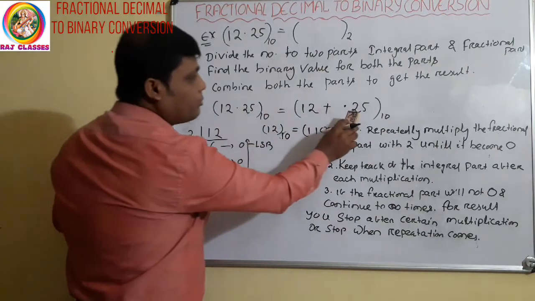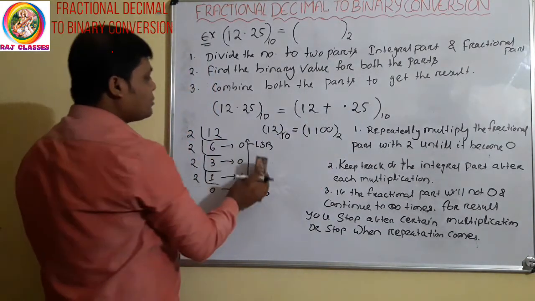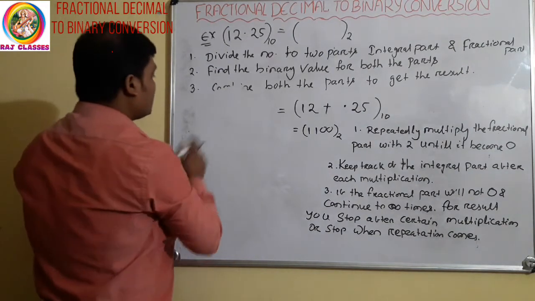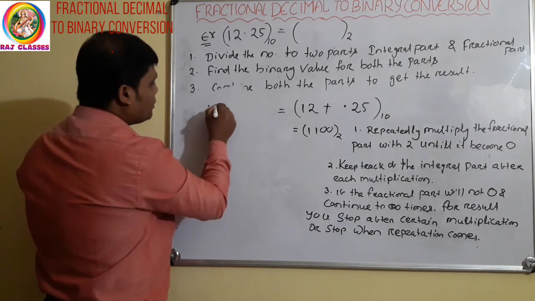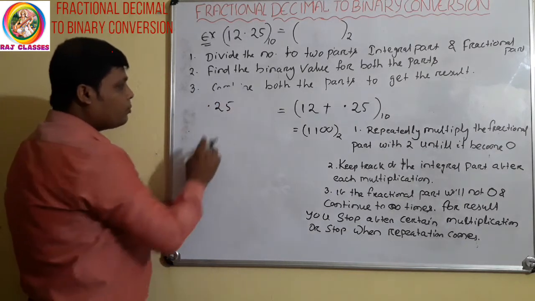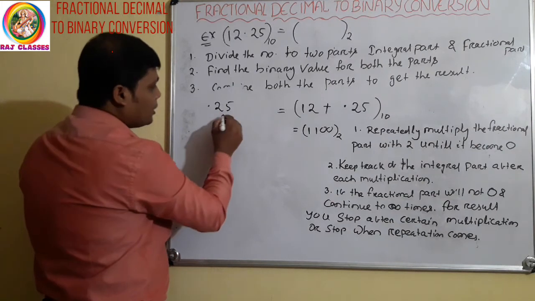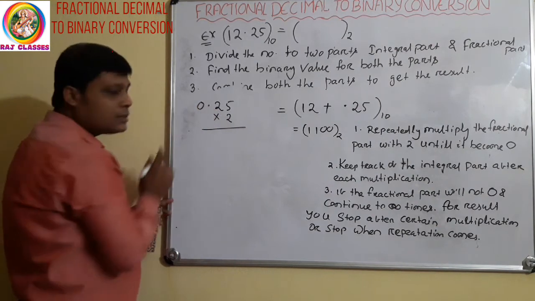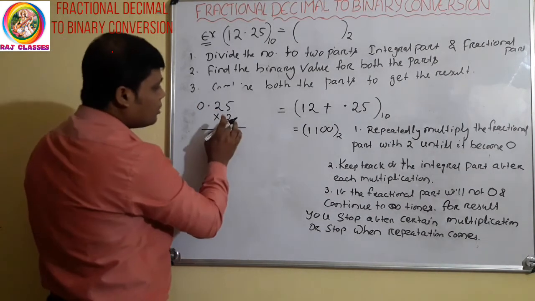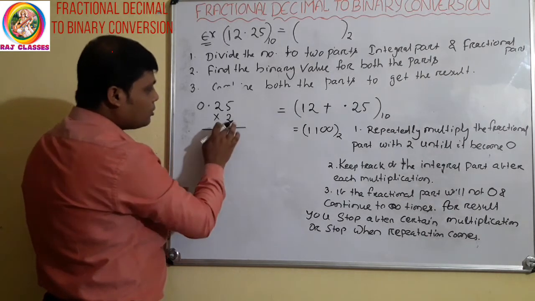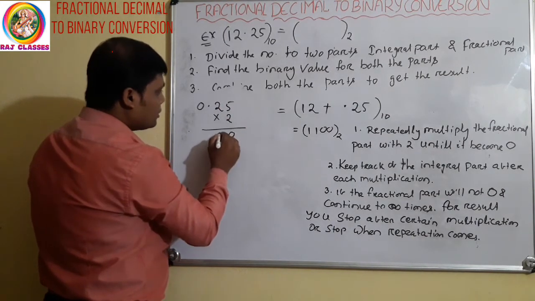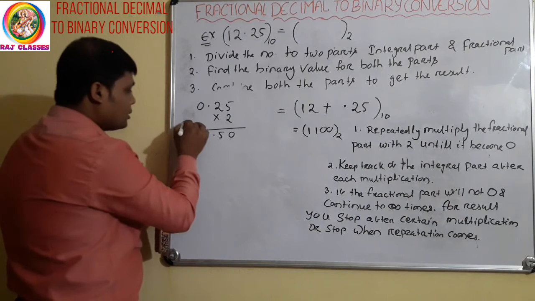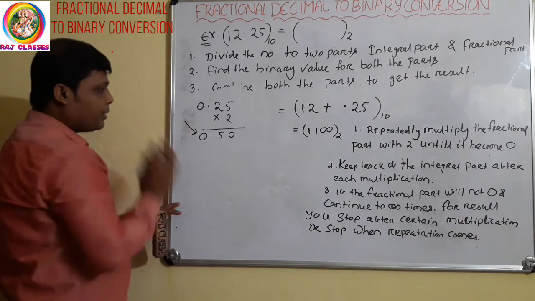You just see how to convert this .25 to binary. This is 0.25, the fractional part is .25. You multiply with 2. Clear? 2 fives are 10, so here the integral part is 0, and we keep this integral part.